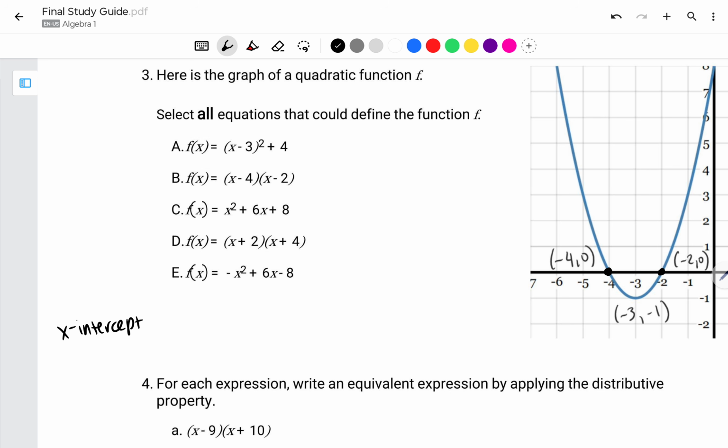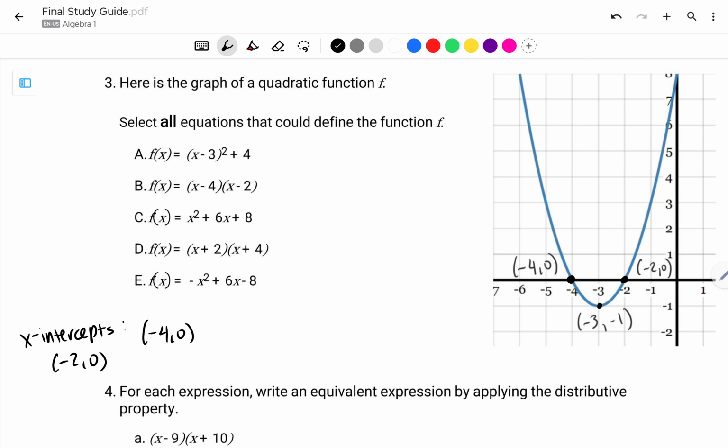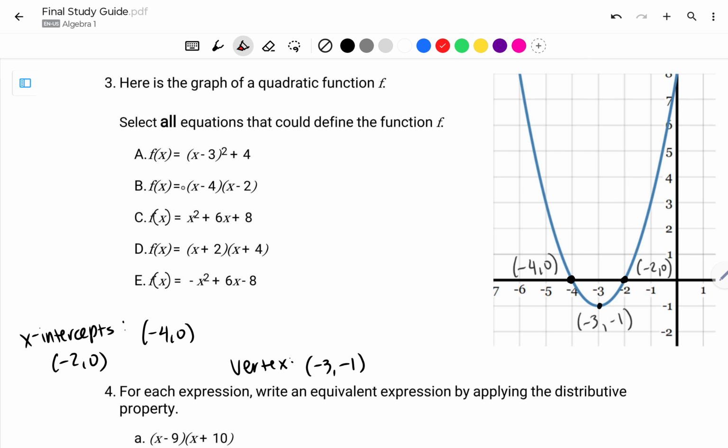X-intercepts are -4 and 0 and -2 and 0. Okay. And then the vertex is at -3 and -1.